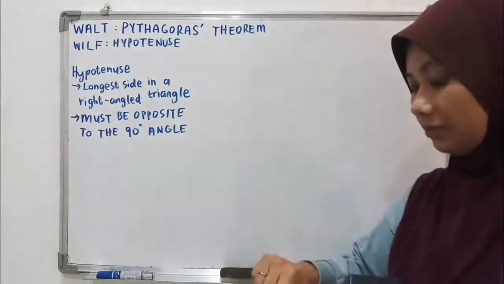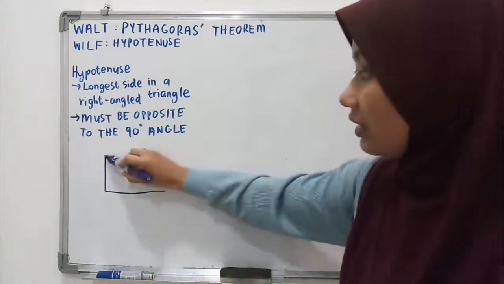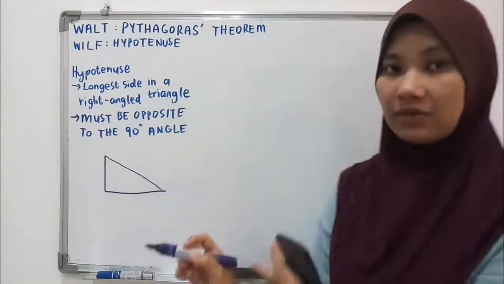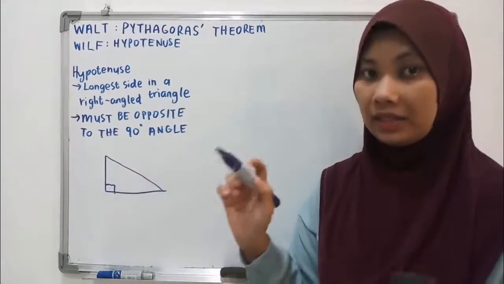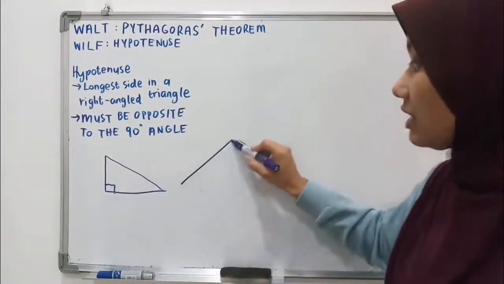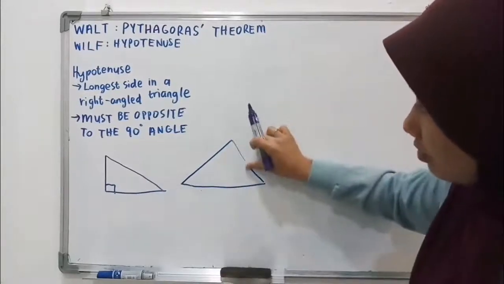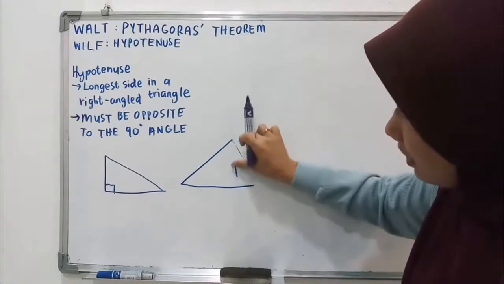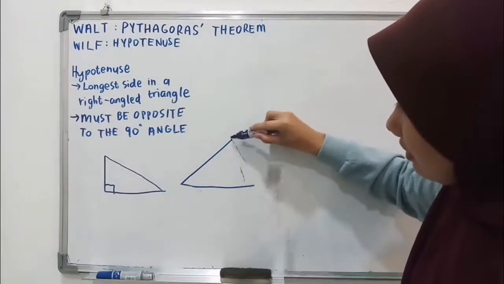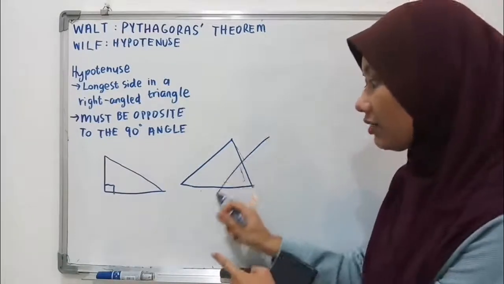For example, if I just draw one triangle like that, this is a right angle triangle because one of the angles is 90 degrees. If I draw a second triangle, smaller, something like this, this is not a right angle triangle.